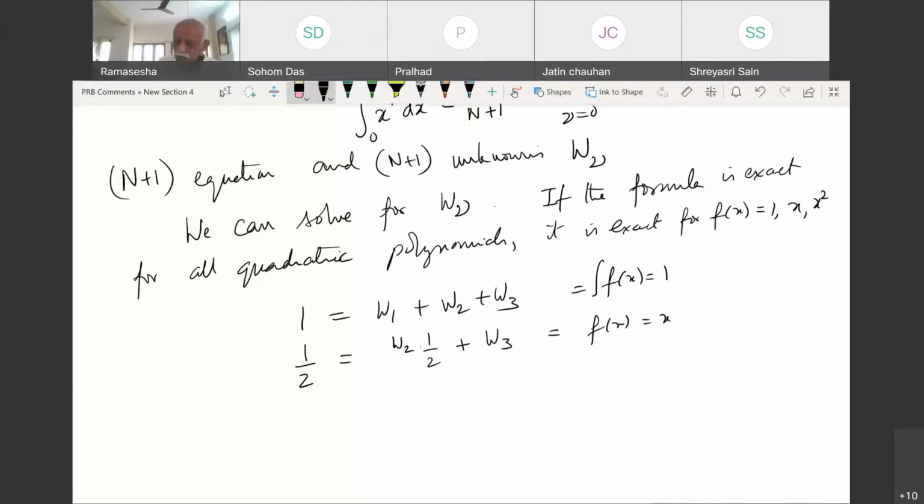When f of x is equal to 1, you get W1 plus W2 plus W3 equal to 1.